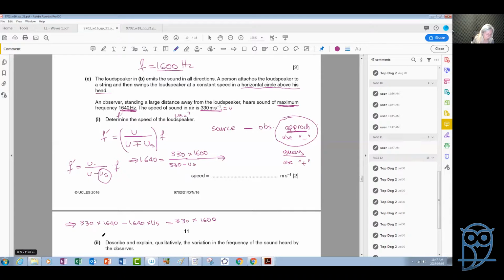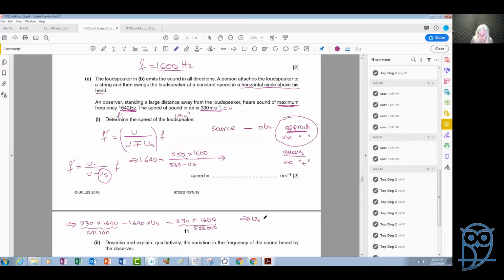And what do we have here? This gives us 541,200. This one is equal to 528,000. So from here, if we solve for Vs, the speed of the source, okay, that's enough with calculations.